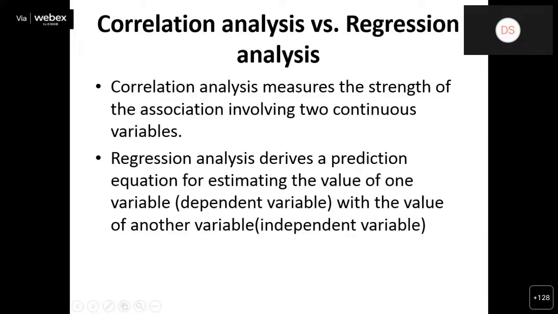In the second example, our primary concern is the marks of the student. It is not the time spent studying. Our primary concern is the marks of the student, and how the marks are associated with the time spent studying. So one is the dependent variable, and the other is the independent variable.